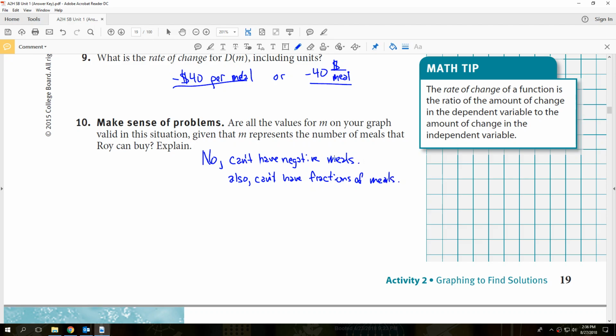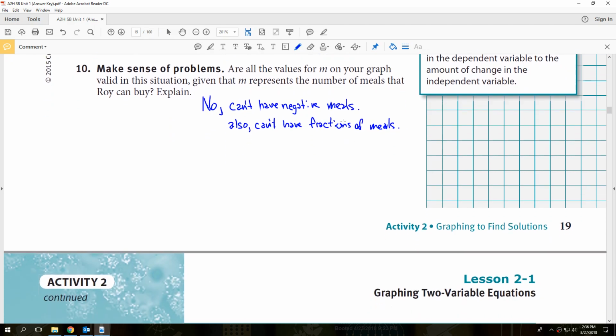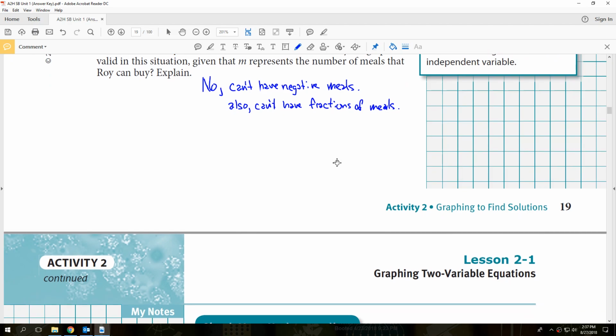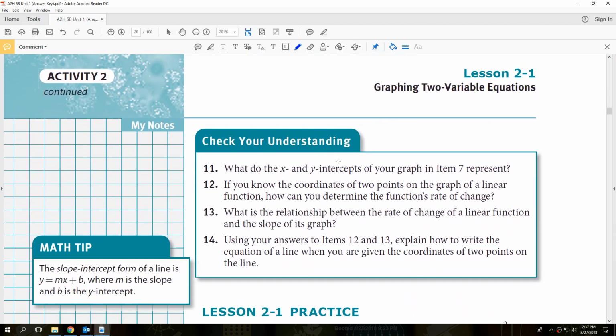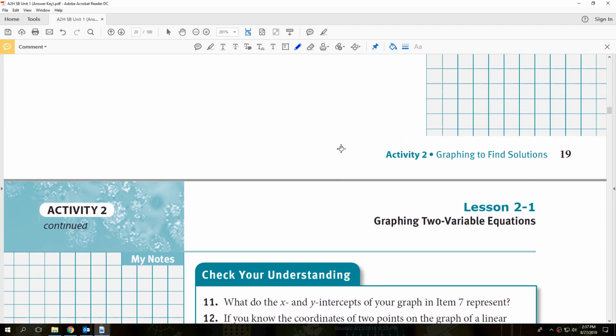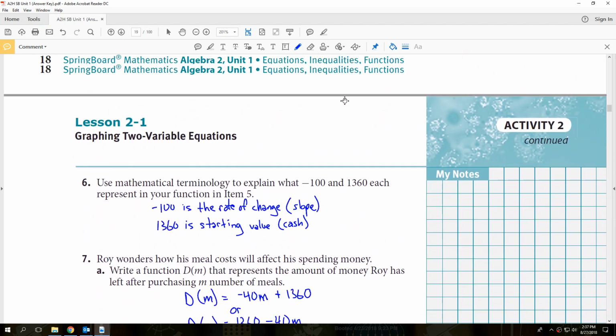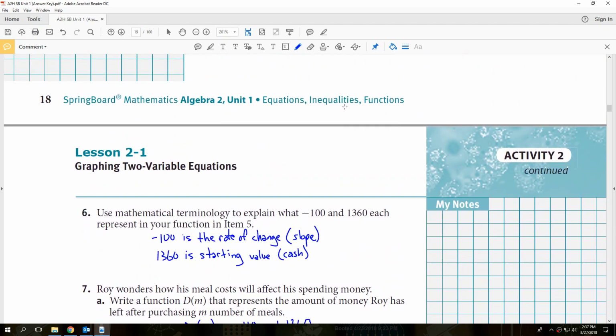I know in real life you technically could potentially buy half a meal or something like that, but they don't state that that's an option here. So right now we're just talking about full meals. And of course you couldn't have a negative meal. All right, so that concludes the lesson. Which lesson are we on here? Lesson 2-1, which is graphing two variable equations.